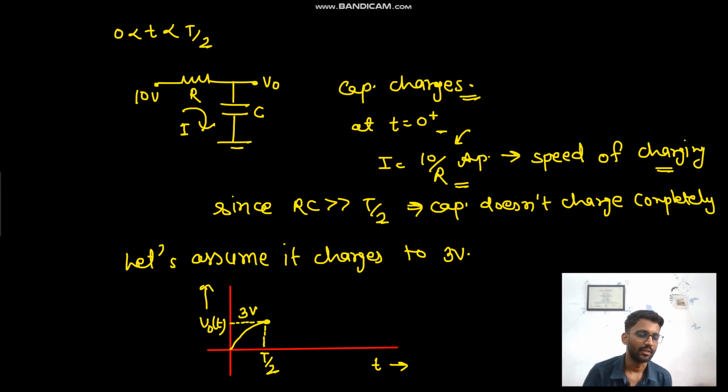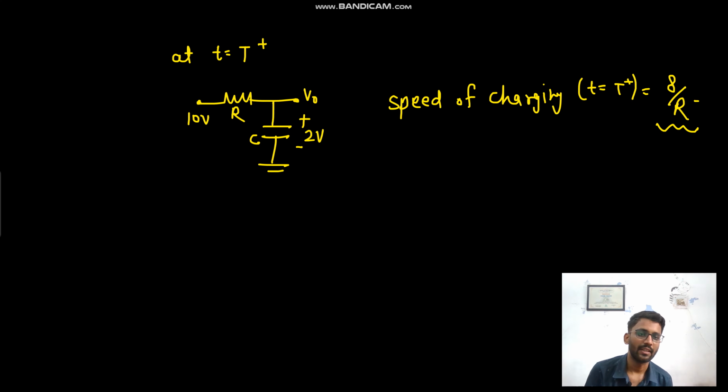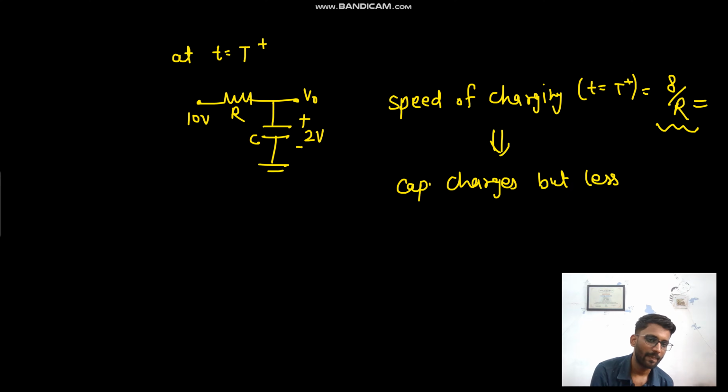In first cycle we have gained 3 volt with speed of charging 10 by R. Now the speed of charging is 8 by R, so we can't gain 3 volt. We will gain lesser than 3 volt. The capacitor charges but lesser than first cycle.